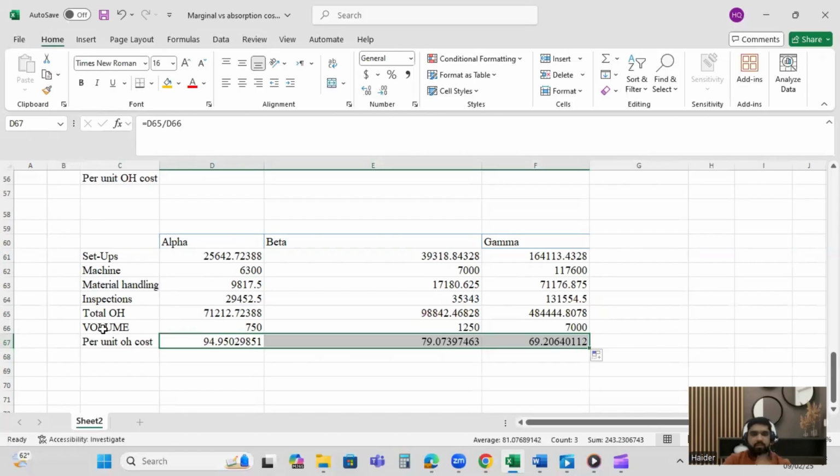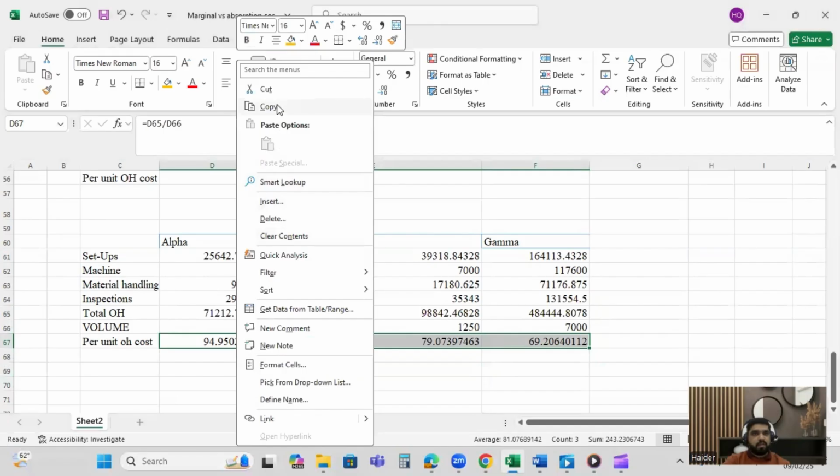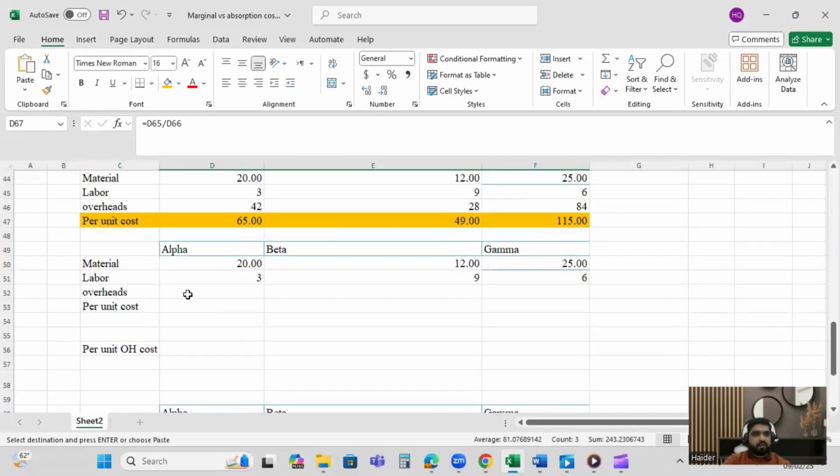Now for activity-based costing, the overhead cost of each product is most appropriately calculated as 94 point something, 79 point something, and 69 point something. Just copy this overhead cost per unit for each product and paste the data in the activity-based costing.